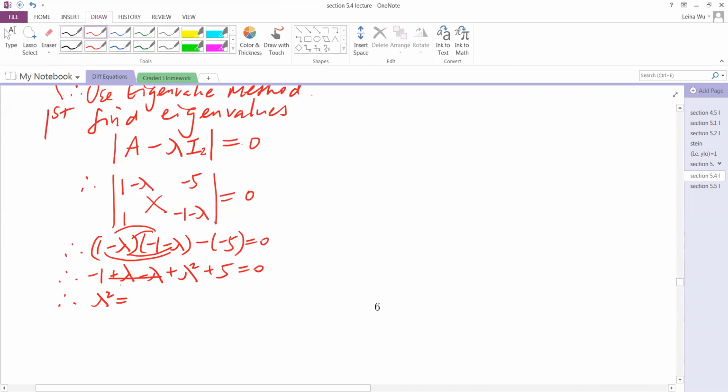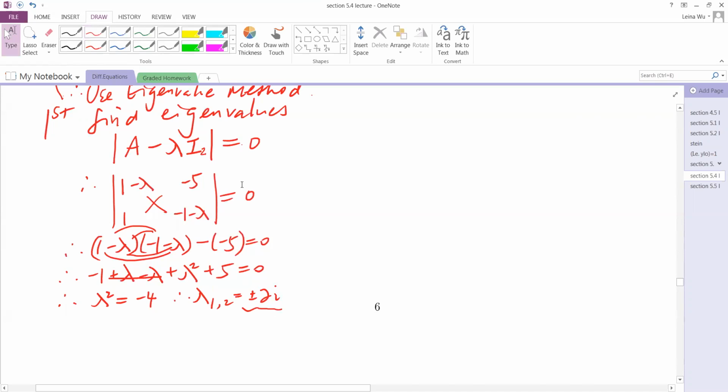So lambda squared plus 4 equals 0. So lambda squared equals -4, which means lambda 1 and 2 would be plus minus 2i. This is a pair of conjugate complex eigenvalues, right? Plus minus 2i.